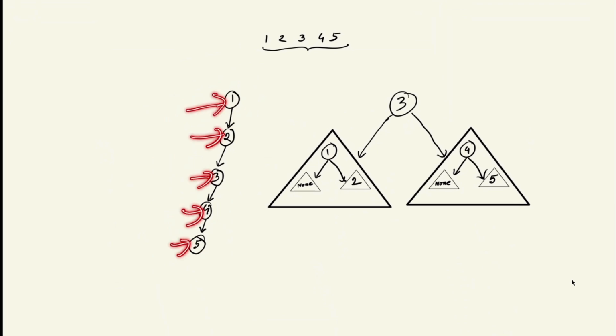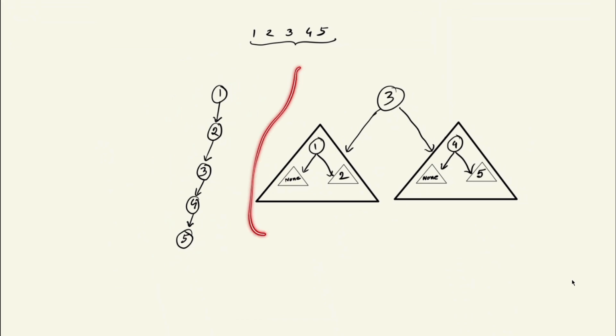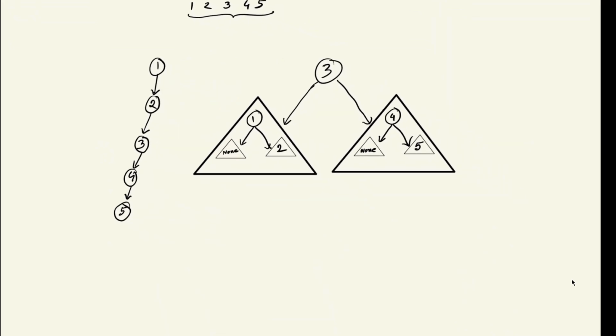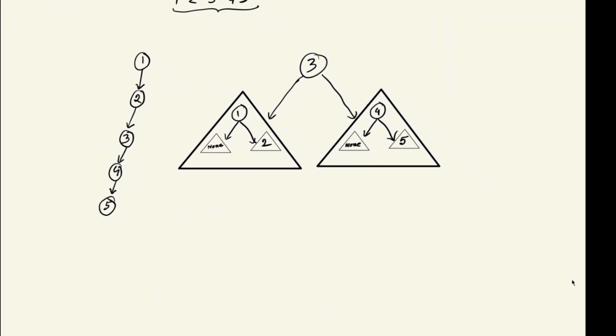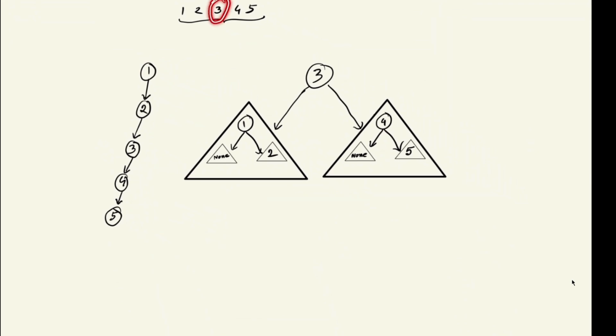So now if we look at the right hand side in this specific tree, this is our root node, because in a binary tree the root node is basically the center of the tree, and the left subpart of the tree contains all the elements from the left side of the array, and the right part of the tree will contain all the elements from the right part of the array.